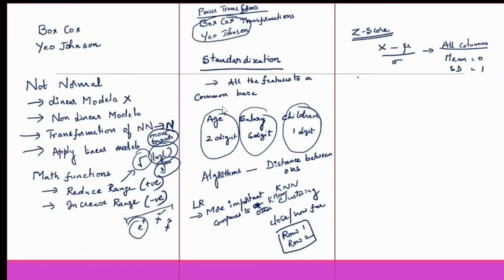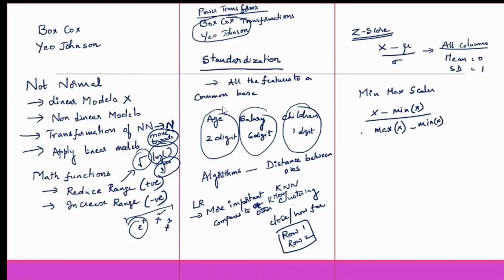So there is a Z score, or sometimes you can very well use a min-max scaler. Wherein you can simply subtract from every observation the minimum of that column, and you typically divide by the maximum of that column minus the minimum.